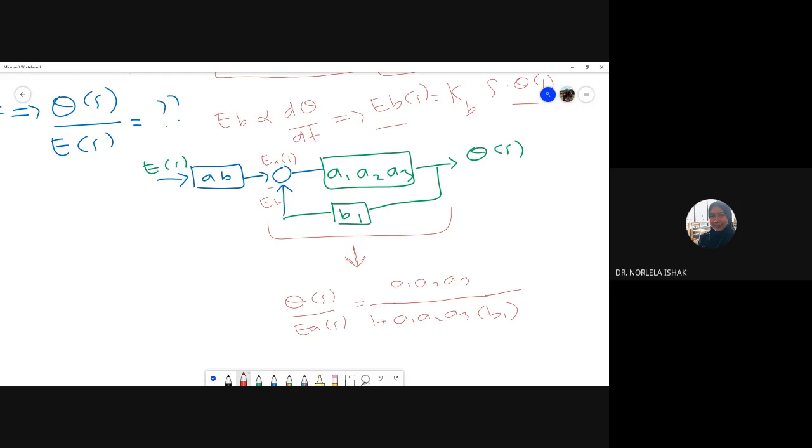This is the simplification for feedback. Let's say madam calls this X. After you get X, you multiply with AB.